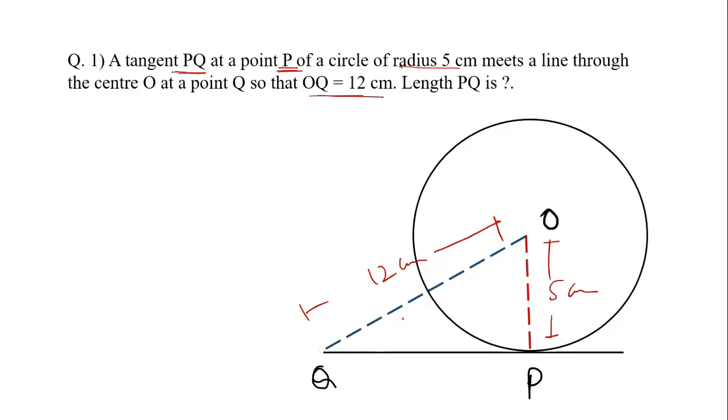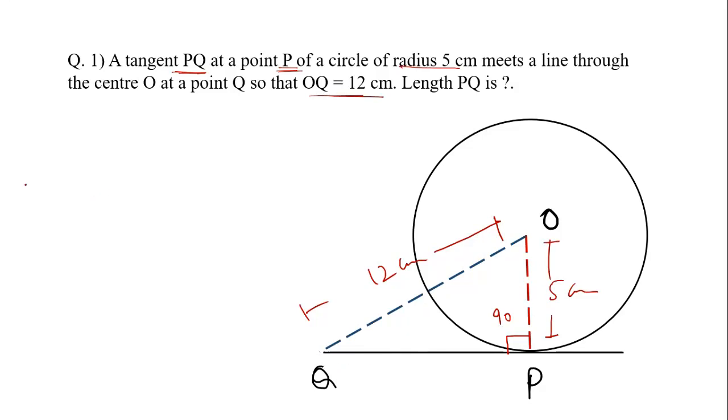In this diagram, the triangle QPO will be a right angle triangle, and this angle P will be 90 degrees. We have to find the third side, so we will apply the Pythagoras theorem.